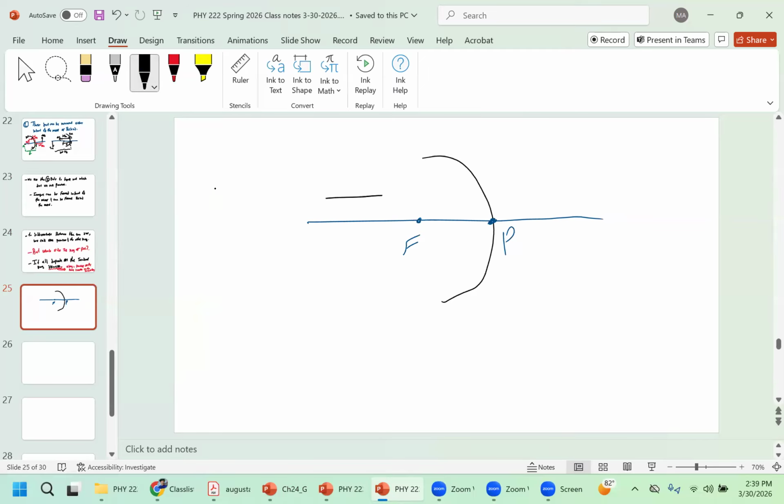And the incident ray is going in this way. By the way, here's my dull side, that way you know what the dull side is. So the incident ray is going this way. Because it's going towards the right, this side would be positive and this side would be negative.